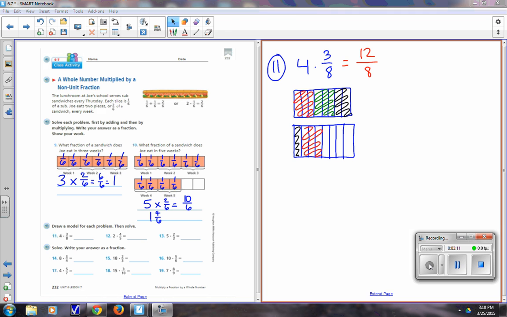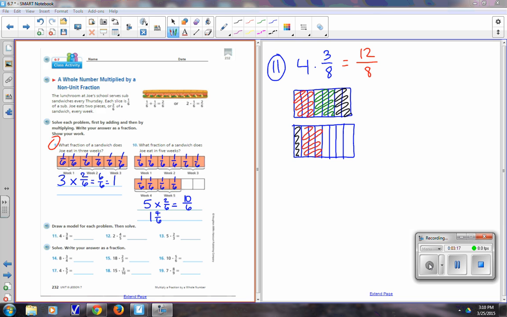Joe eats 2 of those pieces, or 2/6, every week. So what fraction, number 9, of the sandwich does Joe eat in 3 weeks? So here's 2/6, here's 2/6, and here's 2/6. So 3 times 2/6, or 2/6 3 times, equals 6/6, or 1 whole sandwich.